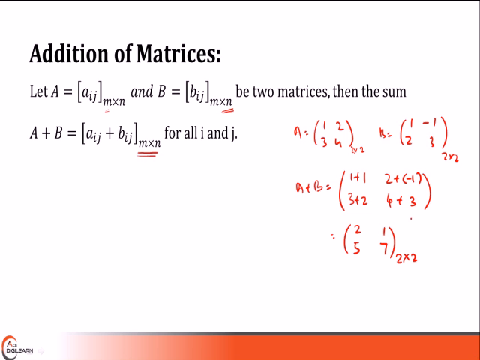So we can conclude one thing: addition of matrices is possible if the orders of both the matrices are same.